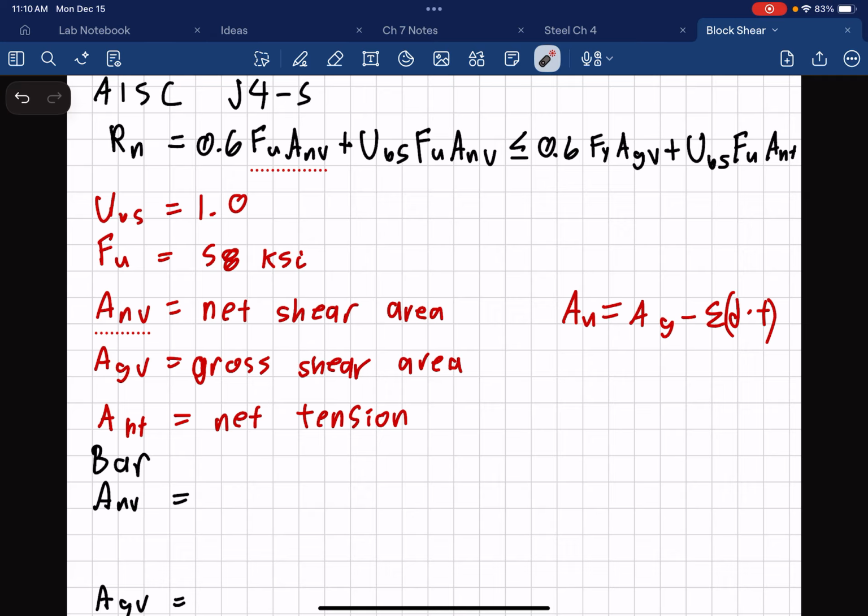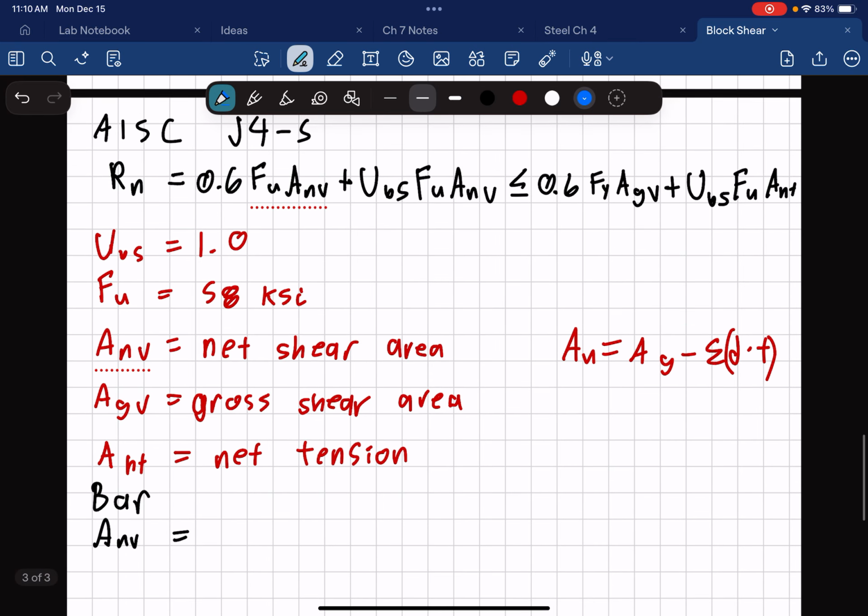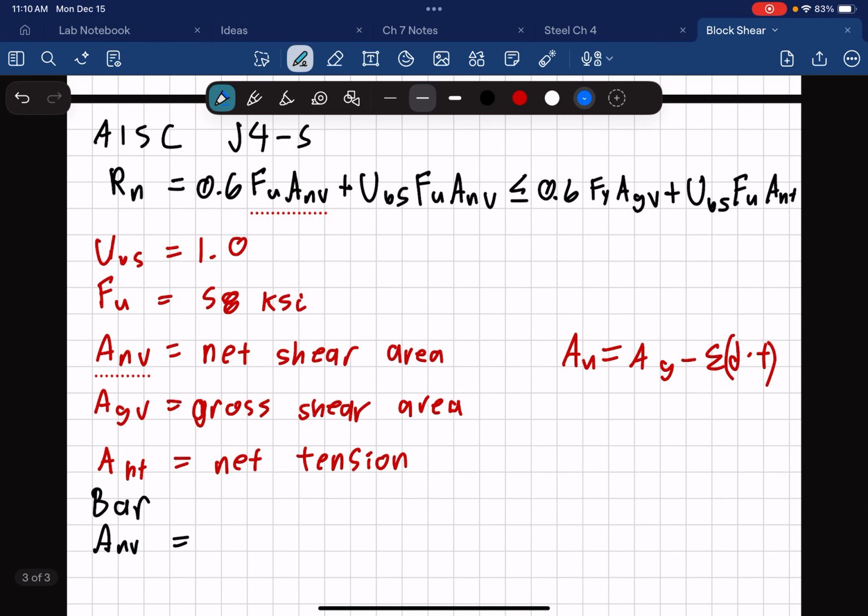So UBS, which is shown here, is the shear lag factor for block shear, and there's only two different values it could be. The other possible value is UBS equals 0.5, but that only really applies to specific cases like some very specifically coped beams, which is not what we're dealing with here. We're dealing with two pieces of flat bar / plate.